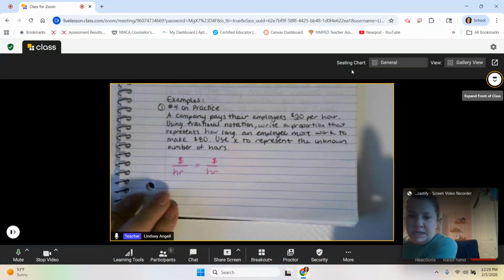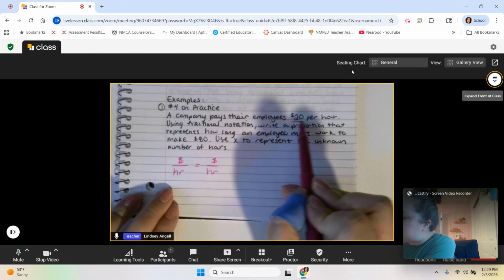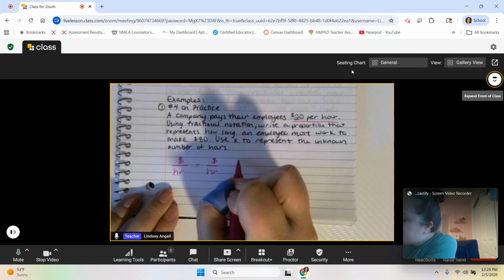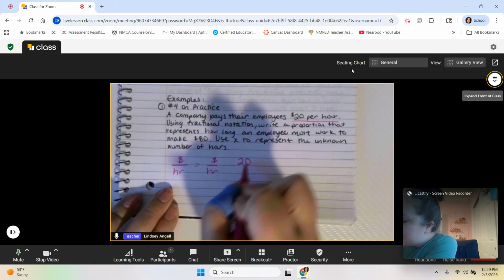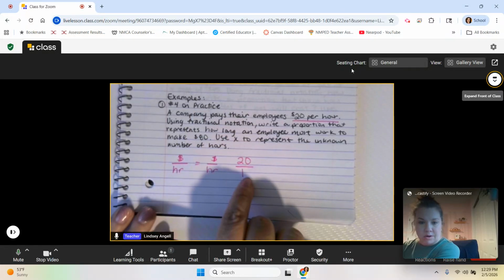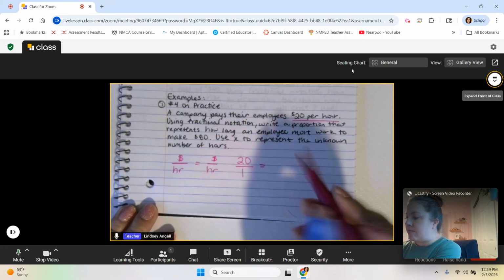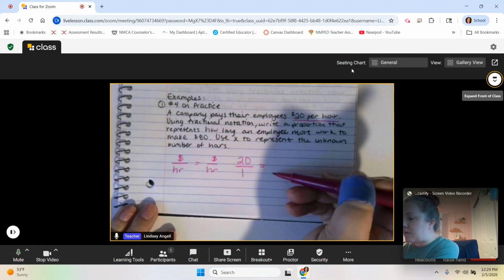They pay their employees $20 per hour. So that's the rate of pay, 20 over 1, dollars over hours. For every 1 hour that they work, they get $20. Well, on the other side, we need to have the dollars in the top, hours in the bottom.